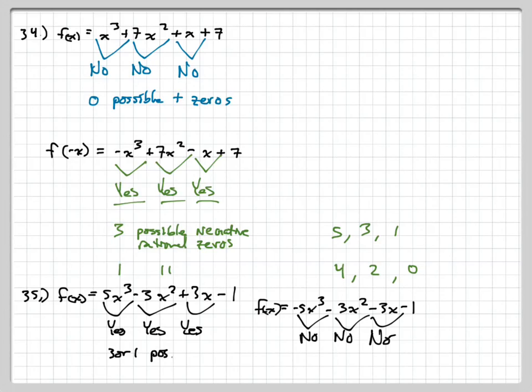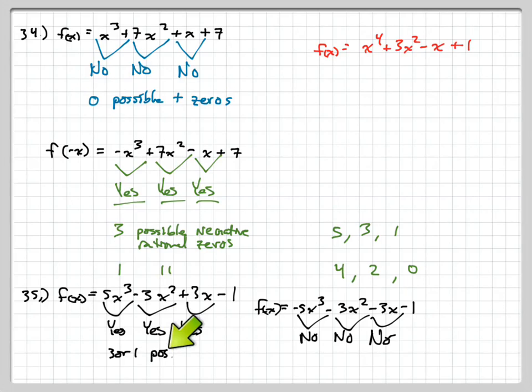Okay, so let's say f of x equals x to the fourth plus 3x squared minus x plus 1. If there's 3 no's, that means there's none, because you have to have a yes to have a possible rational zero.